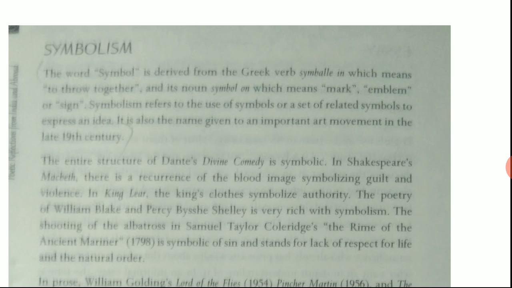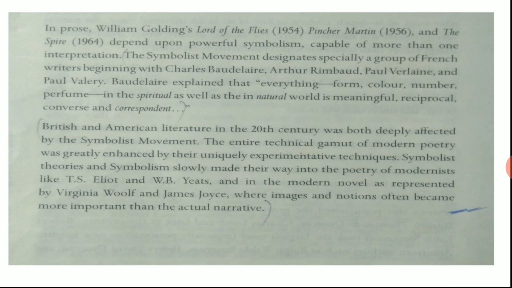In simple terms, the development of this movement started from a group of French writers including Baudelaire, Arthur Rimbaud, Verlaine, and Valery. British and American literature in the 20th century was deeply affected by the symbolist movement.